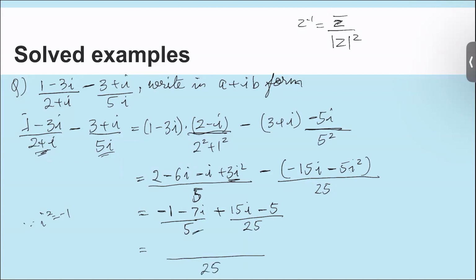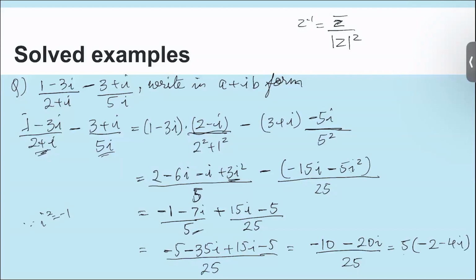So you get 25 in the denominator, and this is minus 5 minus 35i, and this remains 15i minus 5, and this will be minus 10, and you will have minus 20i upon 25.